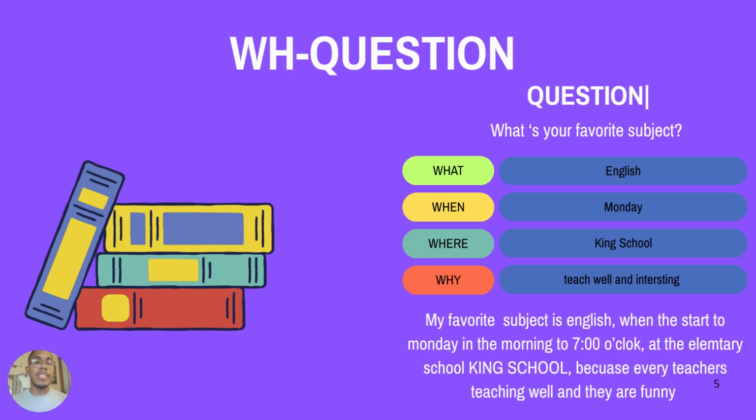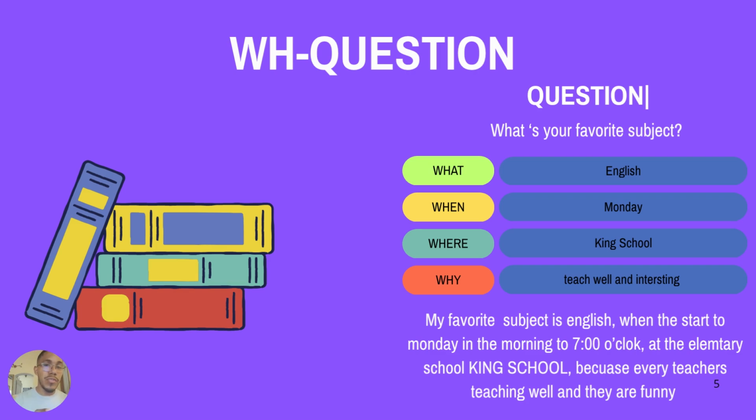Because it is well taught and interesting. You answer: my favorite subject is English. It starts on Monday in the morning at 7 o'clock at the elementary school, King's School, because every teacher teaches well and they are funny.